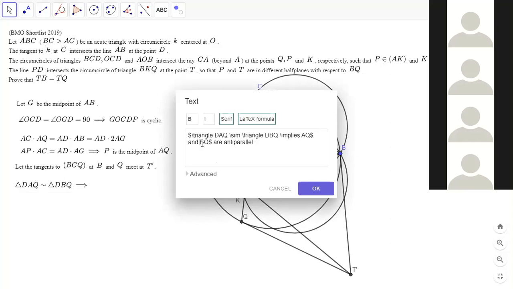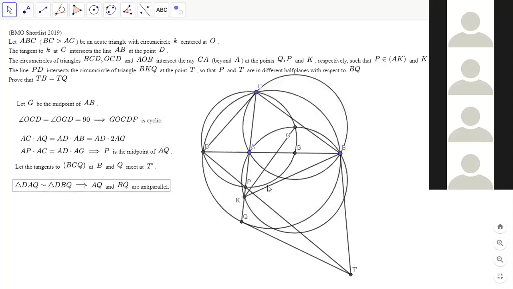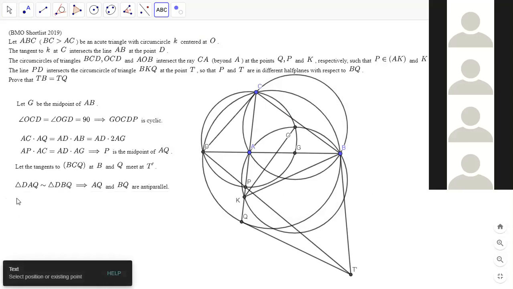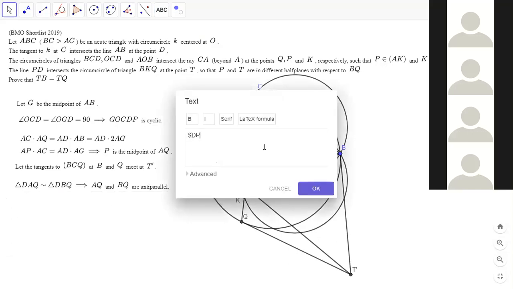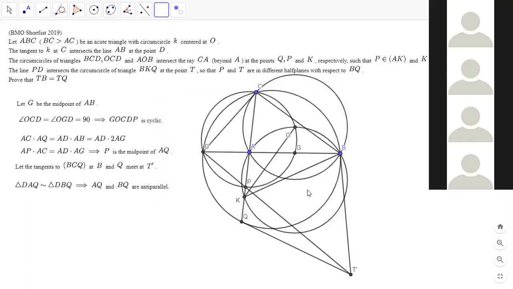So since DP is a median of dAQ, it's a semedian of dBQ. And so DP and T prime are collinear.